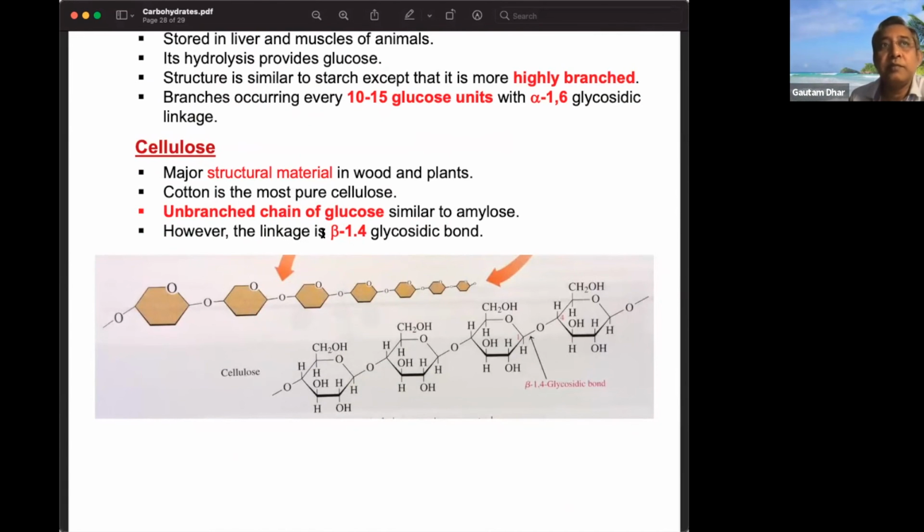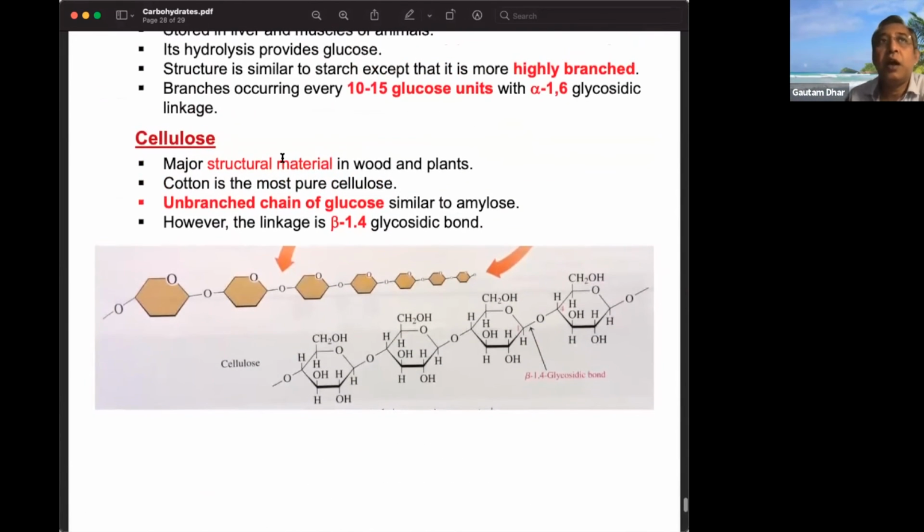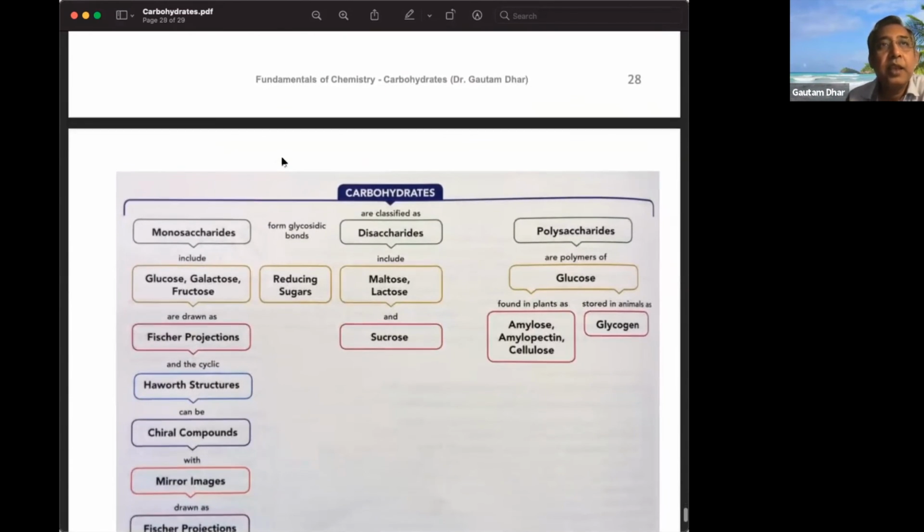There's no branching. So cellulose fibers don't have branches. So you get nice cellulose threads. Okay. So see how all these linkages give you totally different things from the same glucose, the glucose polymer.